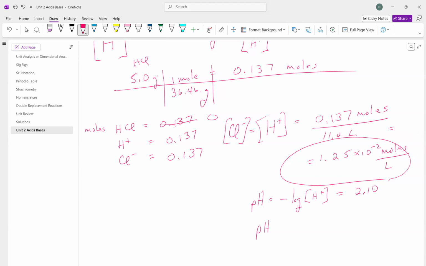One of the few numbers in science that has no units. Now, 2 is less than 7, so this is an acidic environment. And it's negative 2.1.